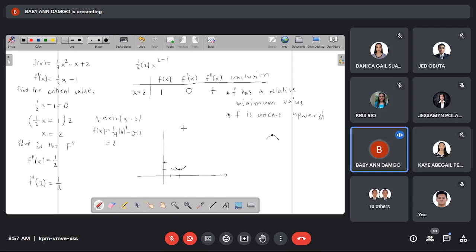So we have here a parabola that opens upward. Okay, so here's the graph of the function using the second derivative test.